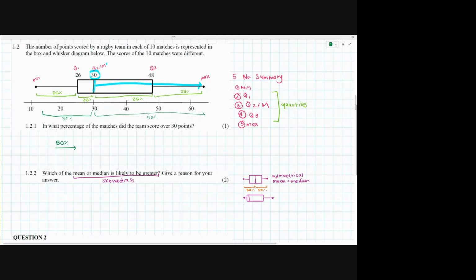When we now get to this next box and whisker, this small little section from minimum to median represents 50%, but this whole long section over here also represents 50%. My data is much more spread out in the top half. There's something pulling it up, and this is where we have a positive skew, or skew to the right.